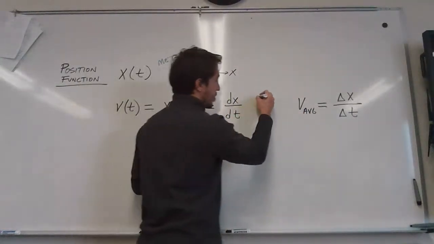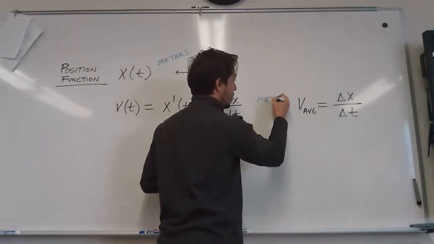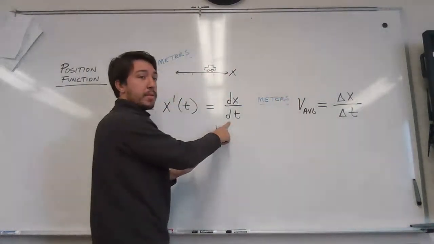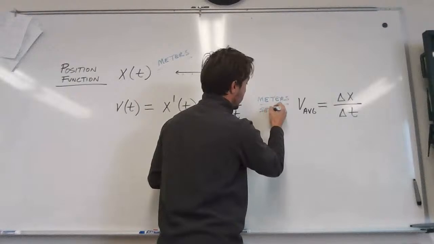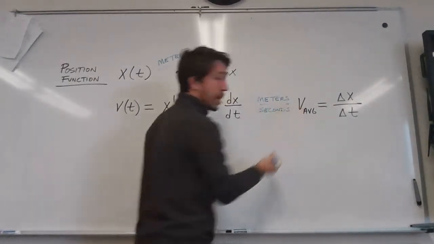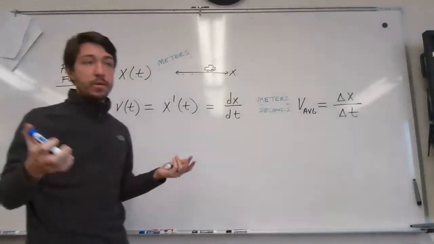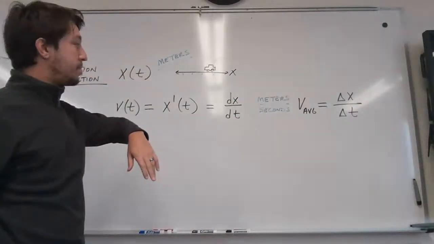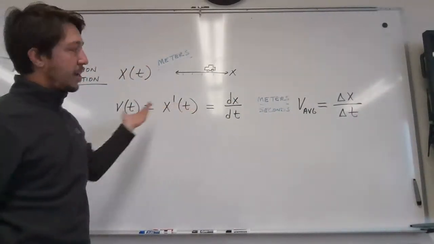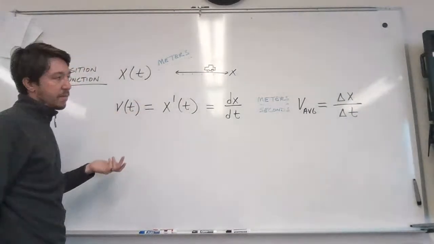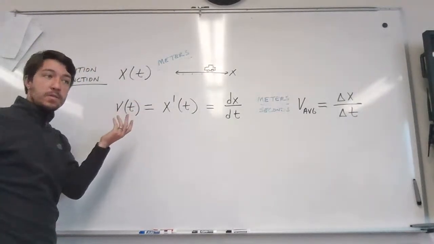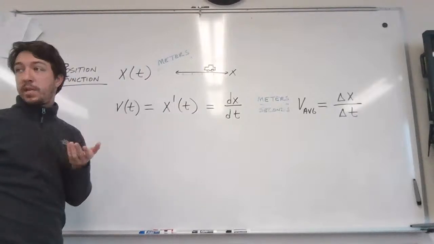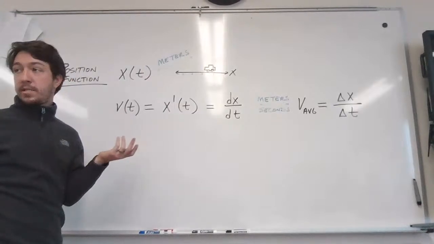Well, your position is in meters, so you'd be talking about meters over whatever you're measuring time in. In physics, and science in general, we usually use SI units, so meters and seconds. Meters divided by seconds would be your velocity. Now, there's nothing stopping you from using feet per minute, or if you were a snail, inches per hour, something like that. Make sense?